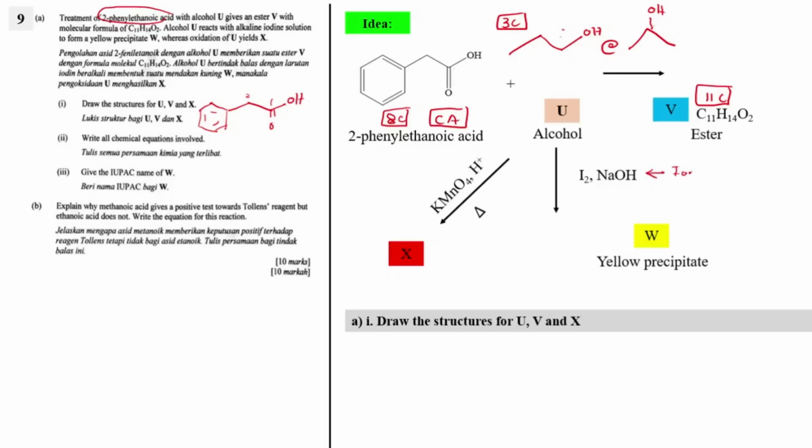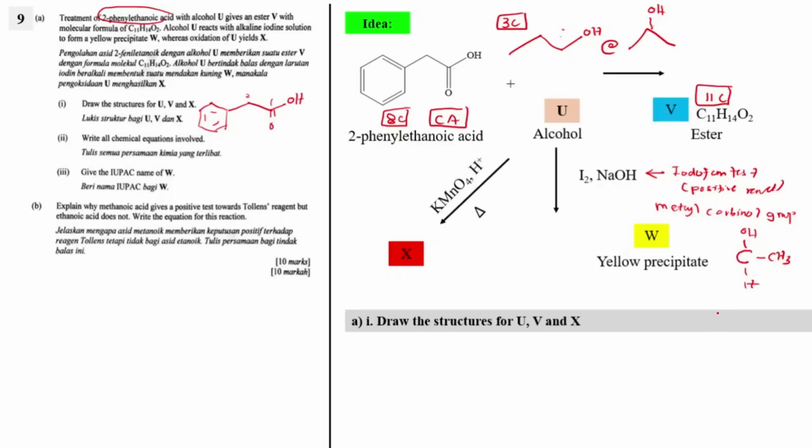So when it gives a positive result, it means that this structure of alcohol will have a methyl carbonyl group. So the methyl carbonyl group must have the structure of C, CH3, OH, and H like this in order to give a yellow precipitate.